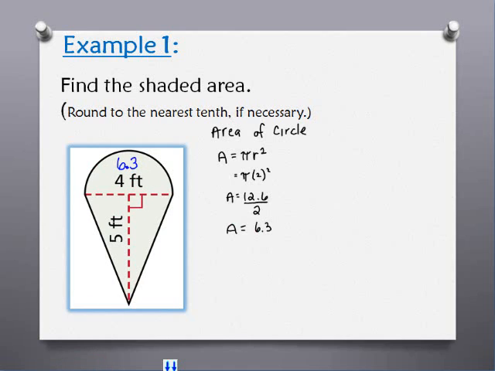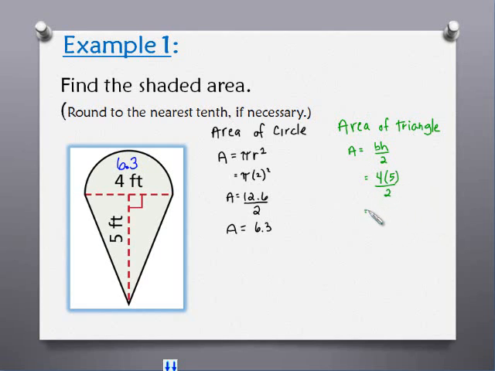Now I'm going to go ahead and find the area of this triangle down here. Okay, the equation for area of a triangle is base times height divided by 2. If I look here, and if I were to flip this triangle, this right here would be the base, which is 4, and this here is the height. So I'm going to plug that in. 4 times 5, which is 20.